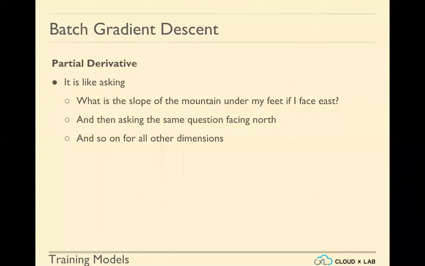So we take a step straight to the east, facing east, and compute the slope. Then, before moving further, we compute the slope to the north. On both directions we compute the slope, and then based on whether the slope is going down or up, we compute the next point by combining both of the values.